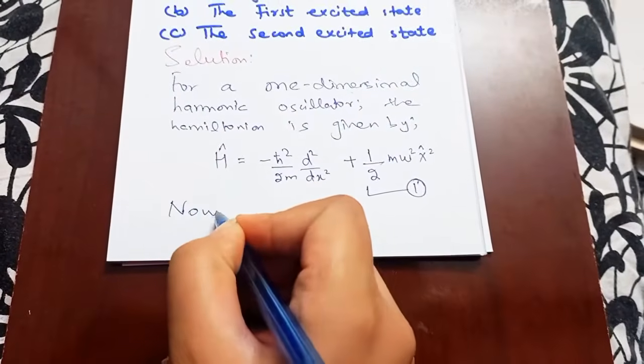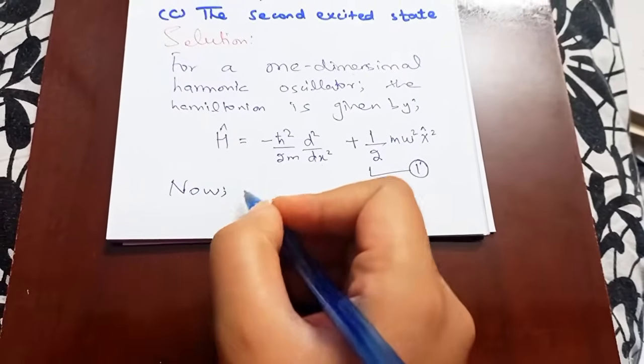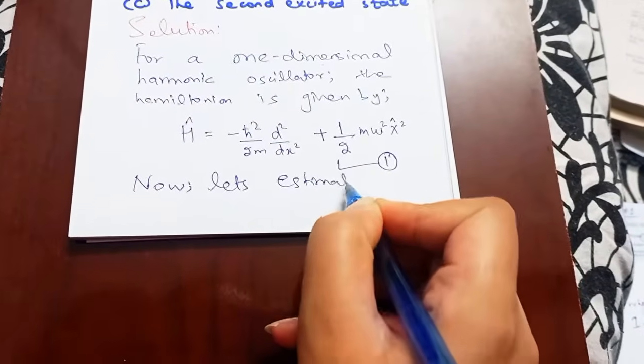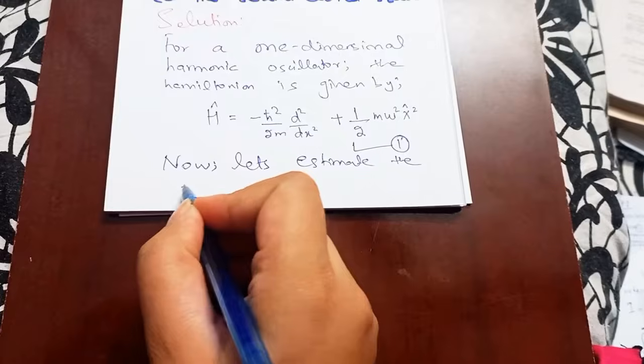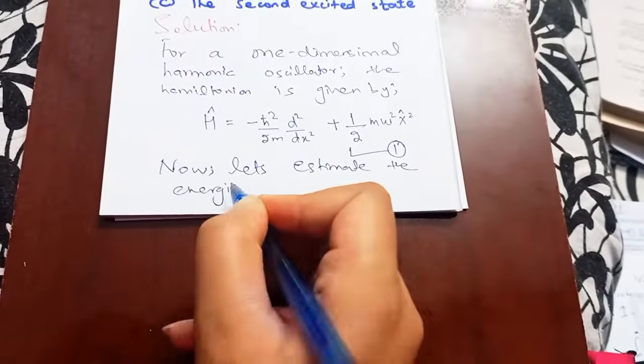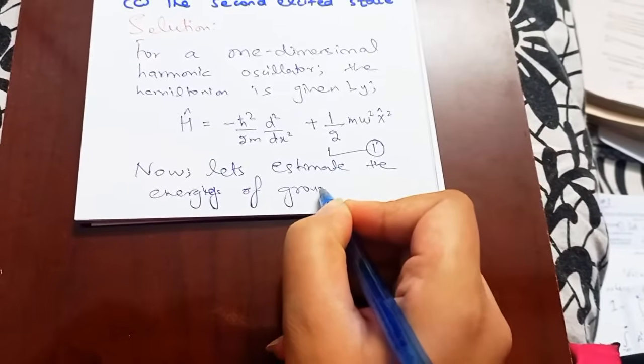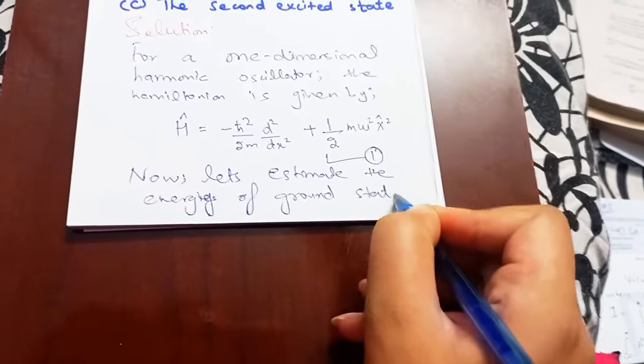Now, in the variational method, let's estimate the energy of the ground state using the variational method.